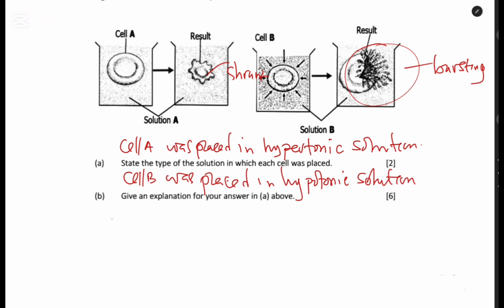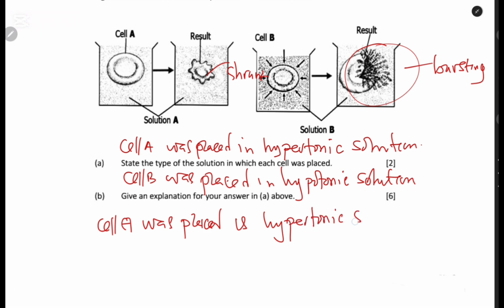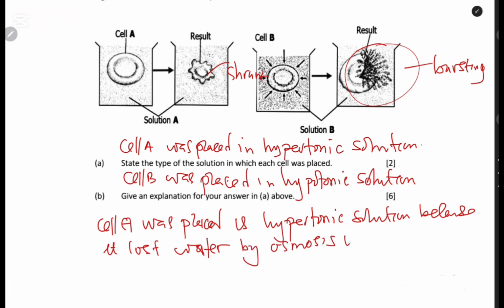So for the first one, cell A was placed in hypertonic solution because it lost water by osmosis, resulting in shrinking.